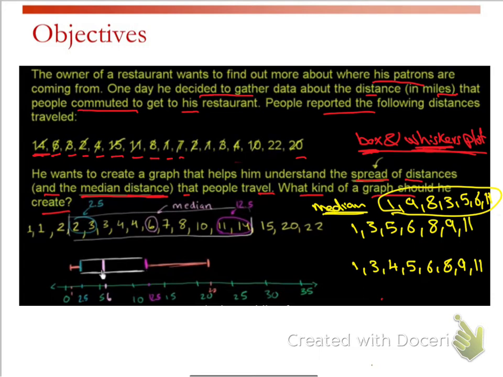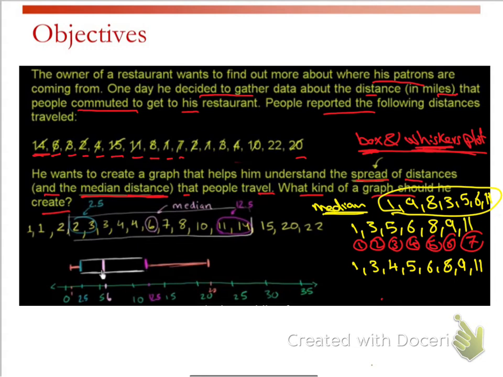Then, after making sure that they are in order, I have to count how many they are. Okay, let us see. So here, 1, 2, 3, 4, 5, 6, and 7. So I have 7 numbers. If I have an odd number like 7, I cannot say 7 divided by 2, because it will give me 3.5.